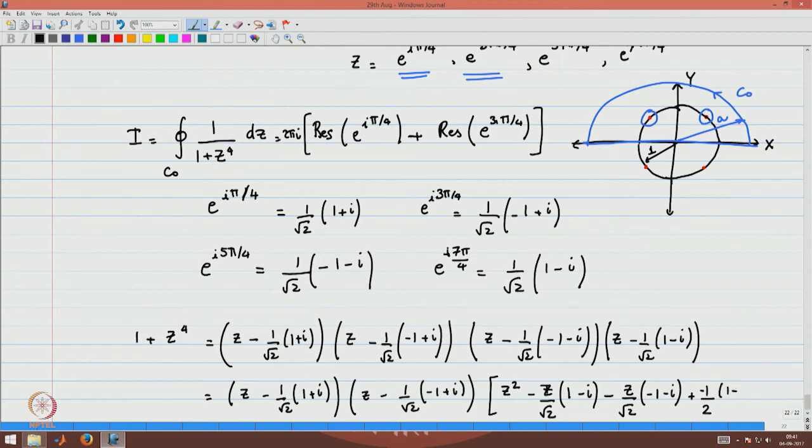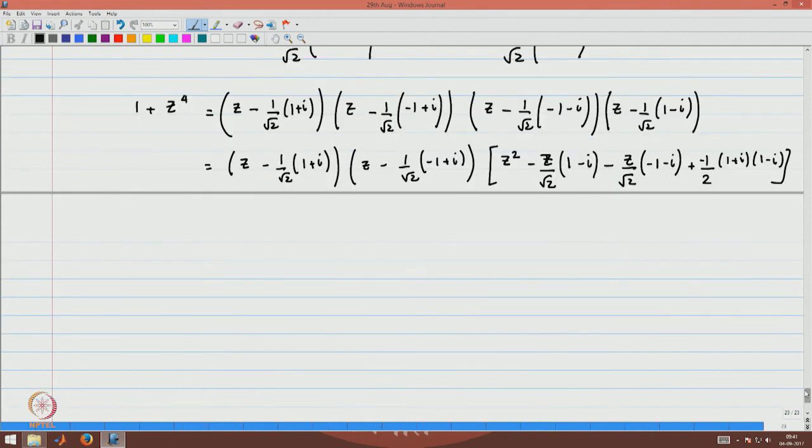If you add up these two, you have (1 minus i) and (minus 1 minus i), so it will be minus 2i.